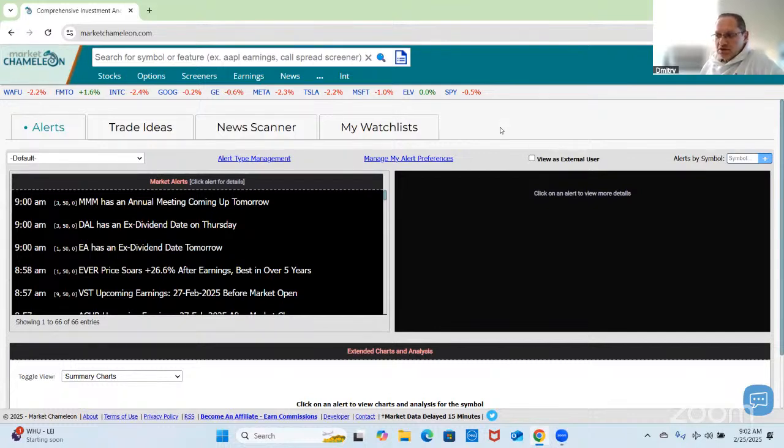The idea there is, how do we measure one security or an asset relative to another security that's somehow related, and that could give us important insights on its performance.